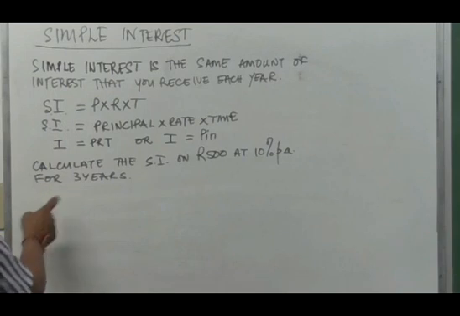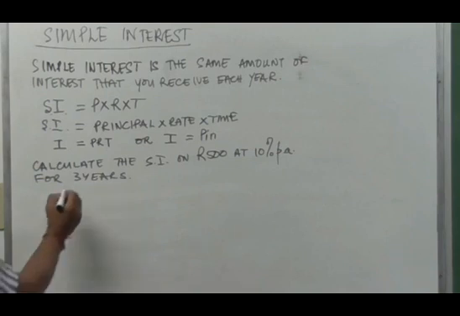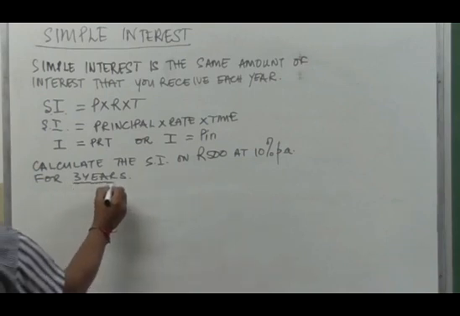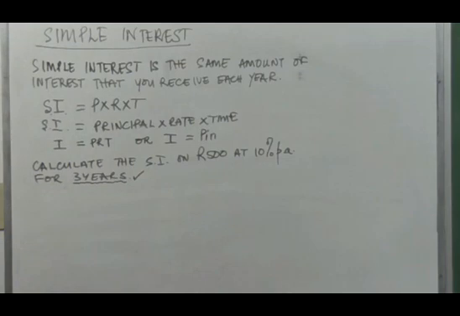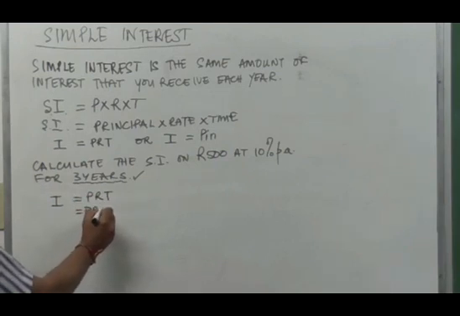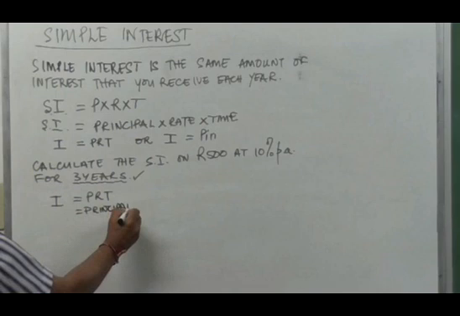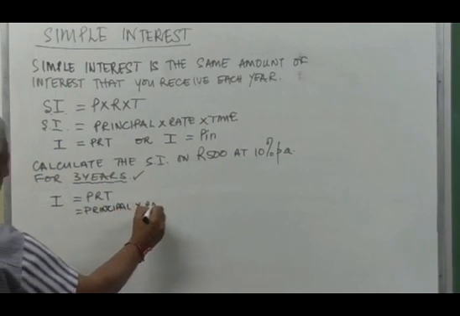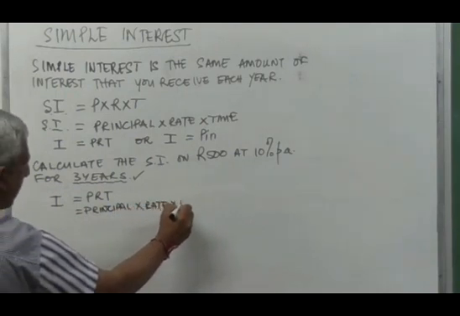All right, so this question says calculate the simple interest on 500 Rand at 10% per annum for 3 years. First thing we do, we check time. Time is in years, so there's no problem. So you will say interest is equal to PRT, which really means principal times rate times time.